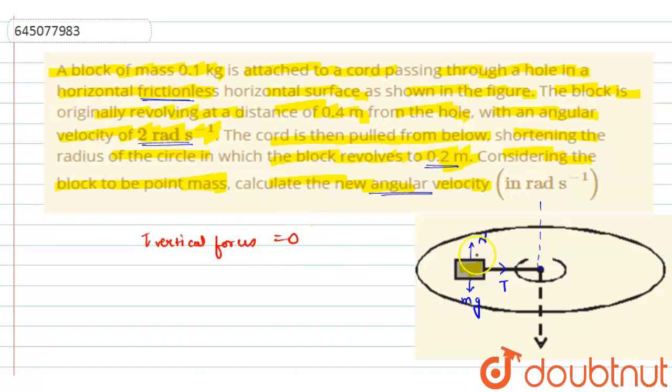And now this tension force is passing through this axis, so again the torque due to this tension force will also become zero, as it is passing through the axis. Hence we can say that the net external torque acting on the system is zero.